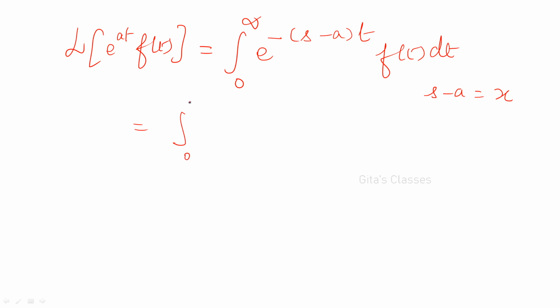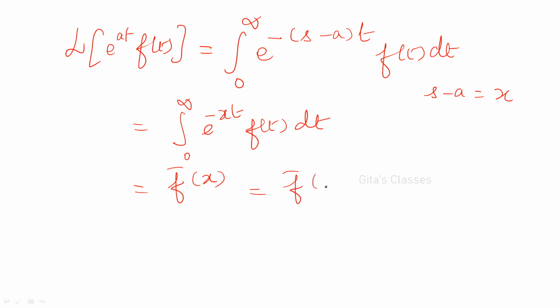So the integral from 0 to infinity of e power minus xt f of t dt, what is this by definition? It is f bar of x. What is x? S minus a. So f bar of s minus a. If you have understood this, you can directly write f bar of s minus a also. So L of e power at into f of t.